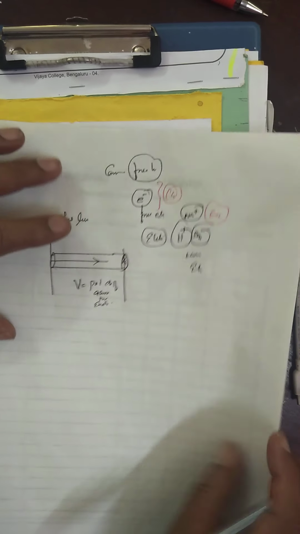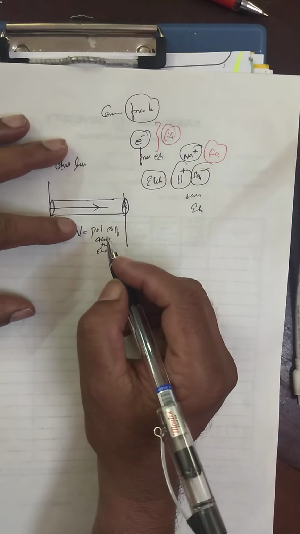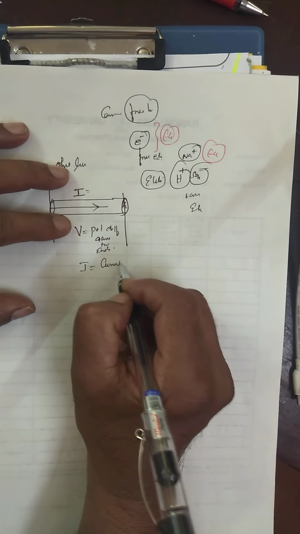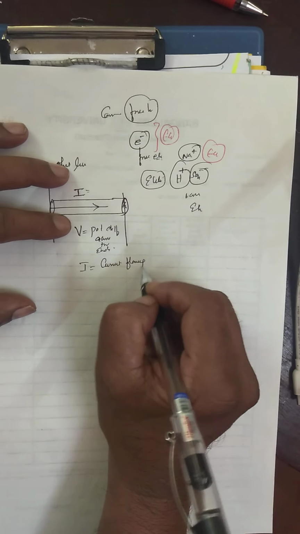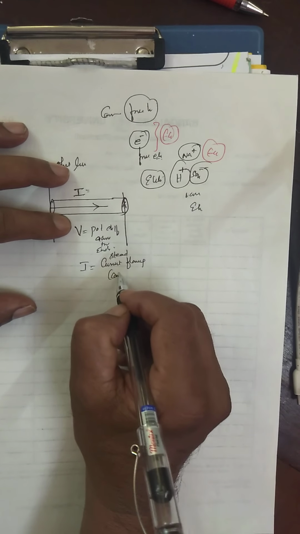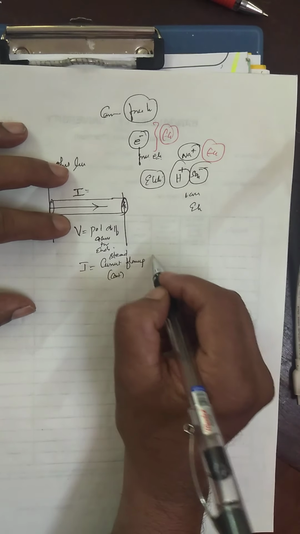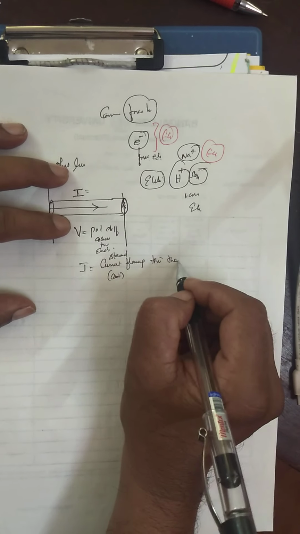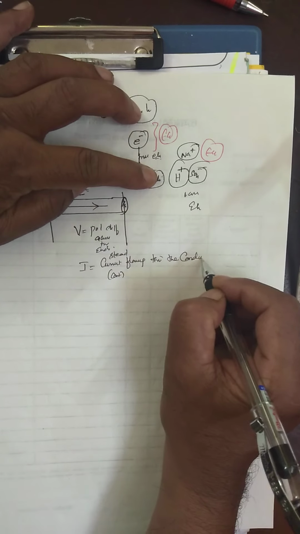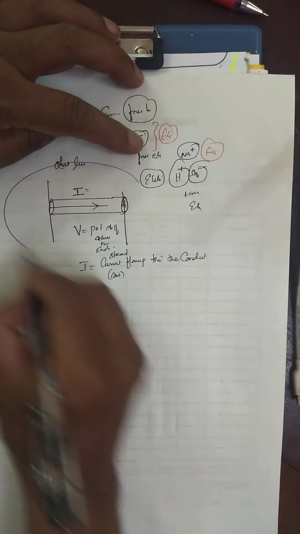I is the current, a steady or constant current flowing through the conductor at constant temperature.